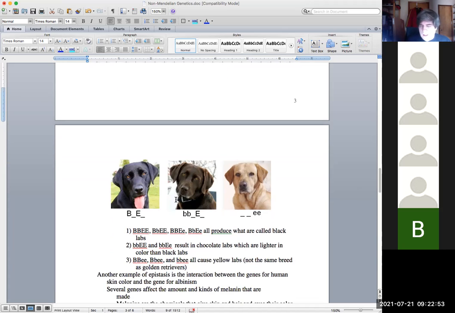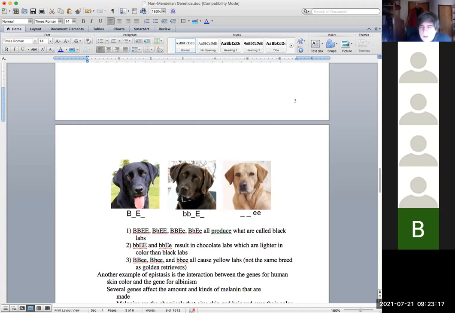For a Labrador retriever, if it has one capital E, could have two, but it's got to have at least one, and one capital B, now the capital B means it will make a darker variety of melanin, and the capital E means that melanin will appear in the skin and also in the hair.